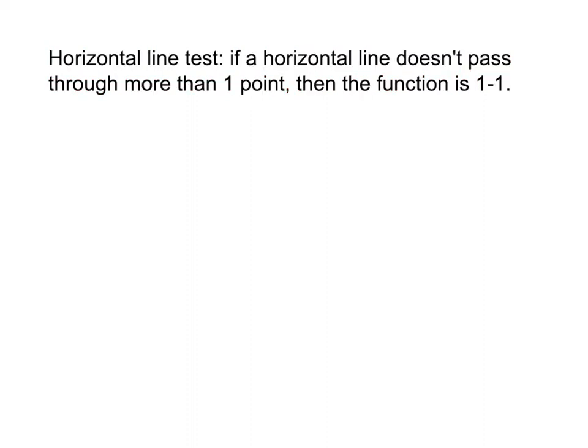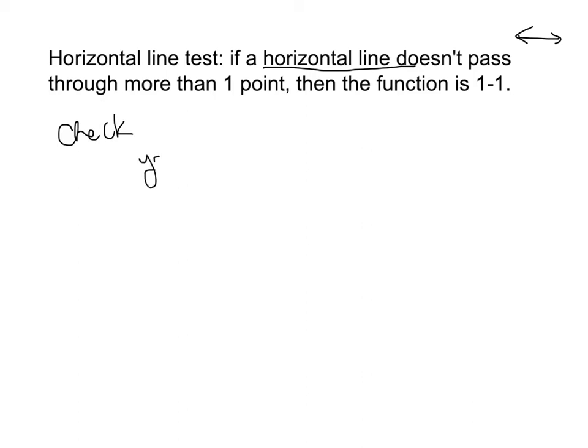That's what we mean by the horizontal line test. Horizontal lines, again, go from left to right. So let's go ahead and check some graphs you guys are familiar with.